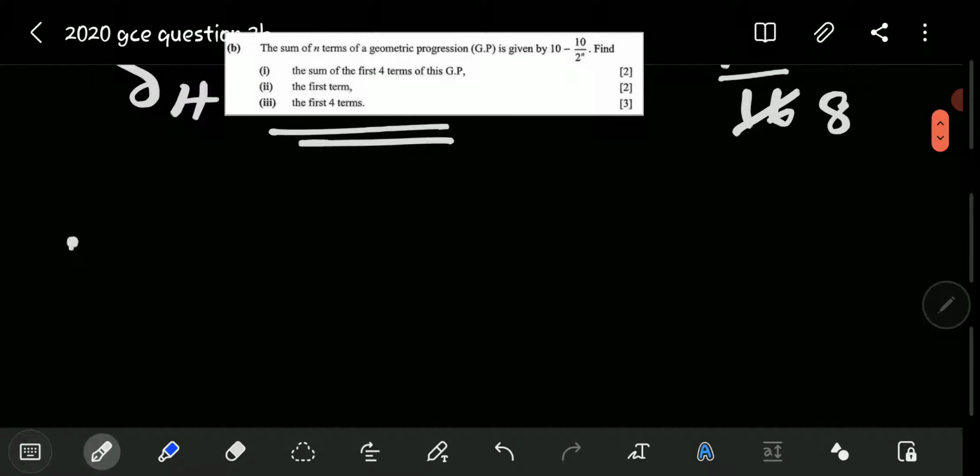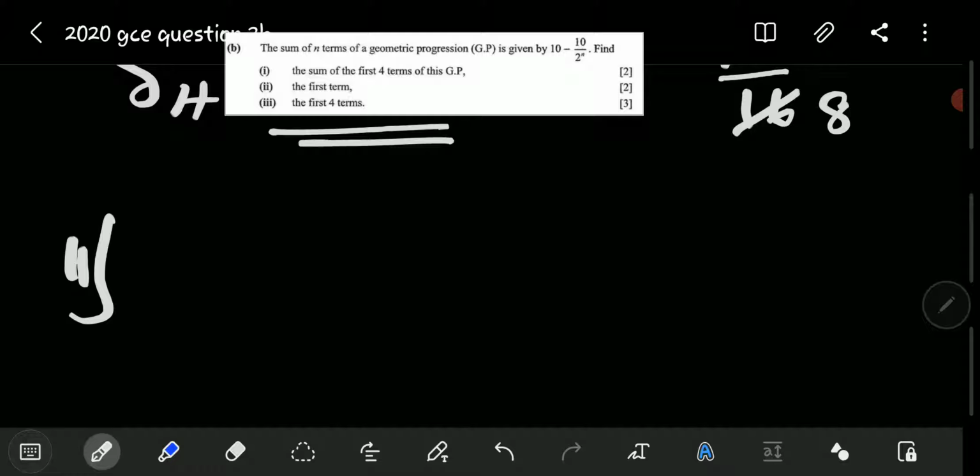We go to the second question. And the second question is saying the first term. How do we find the first term? Now, if you add the first 4 terms and you get 9 point something, it means that the same formula can be used to find the first 3 terms, the first 2 terms.